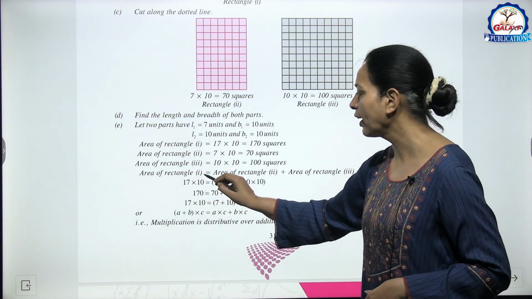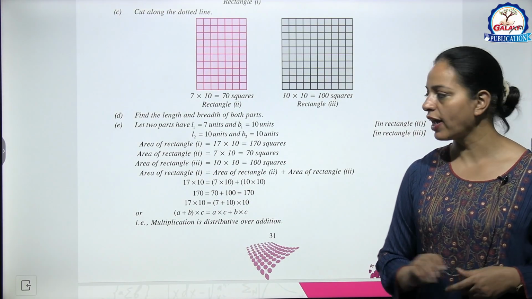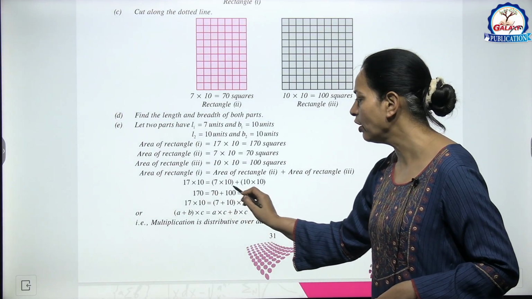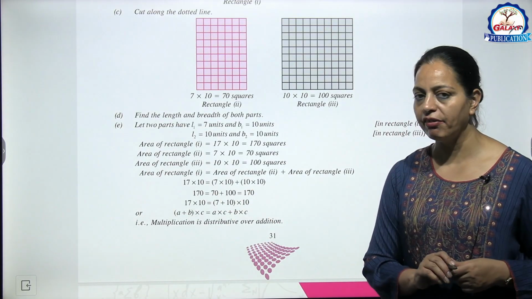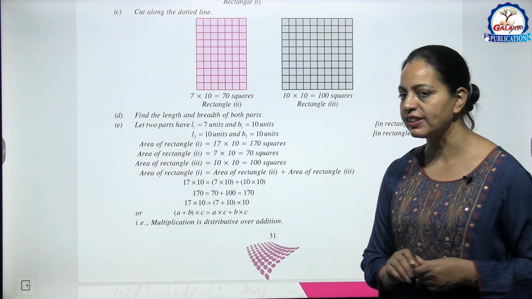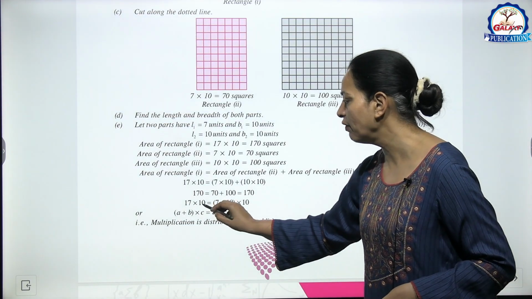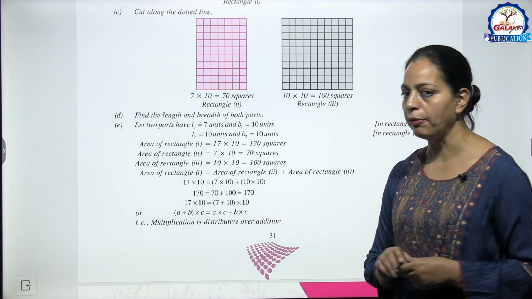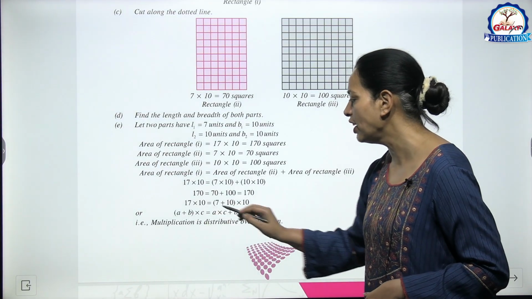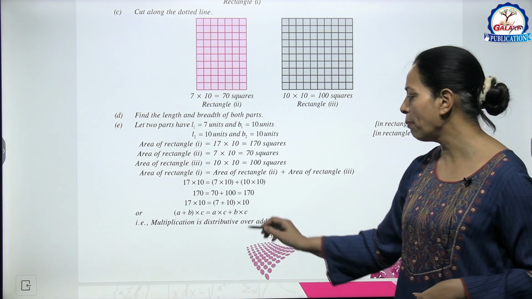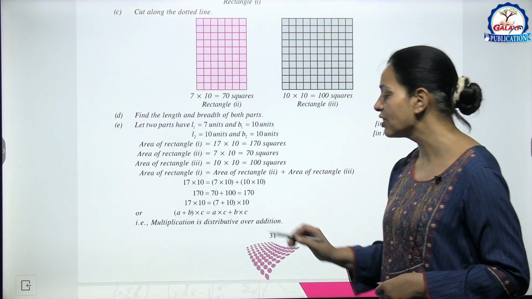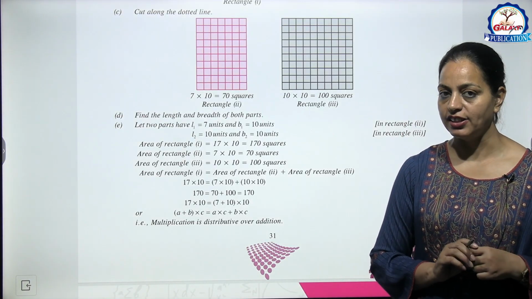Now area of rectangle 1 equals area of rectangle 2 plus area of rectangle 3. So 170 equals 70 plus 100, that is 170. So we can write 17 into 10 equals 7 plus 10 into 10, meaning A plus B into C equals A into C plus B into C. So that's why multiplication is distributive over addition.